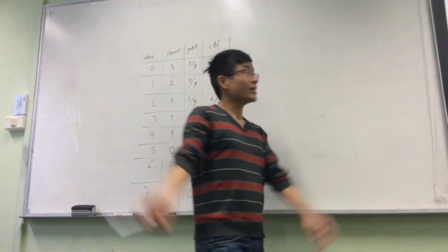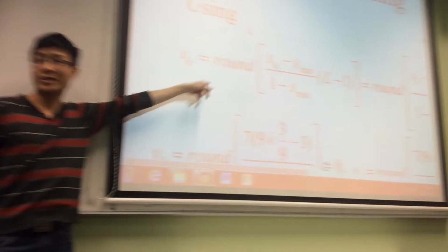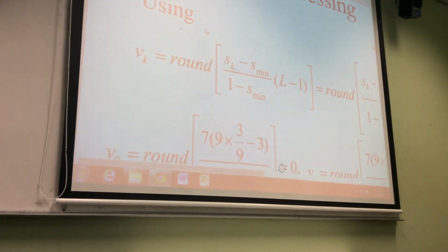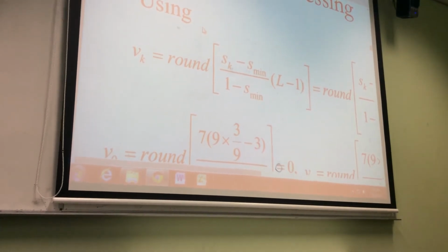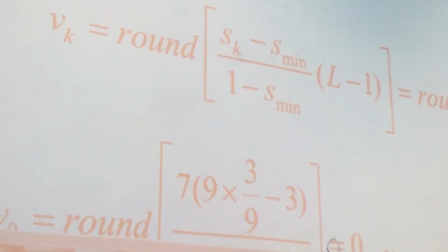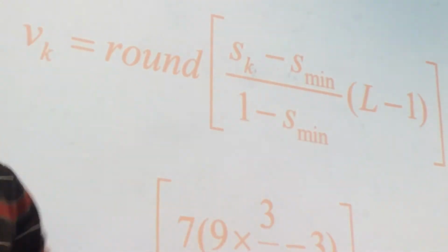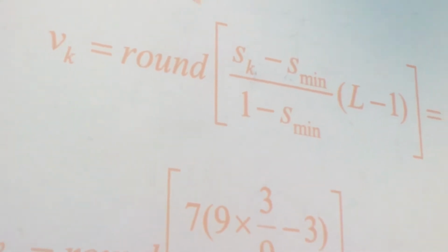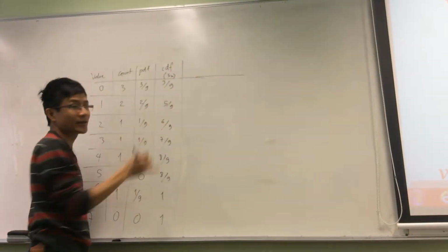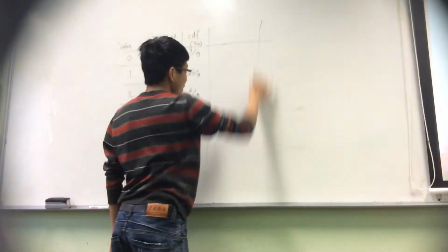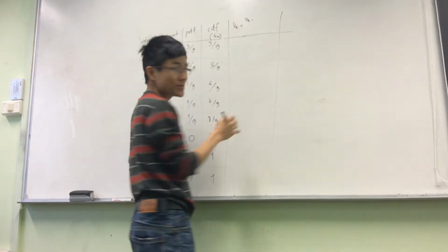In order to do equalization, you need to use this formula. You are expected to remember it, because it's not given to you in a formula sheet. This is the formula for equalization. This one we call SK. The VK here will be calculated using SK minus S minimum.